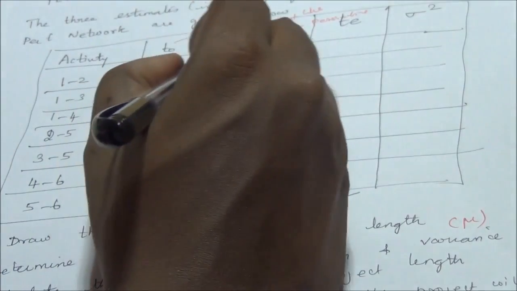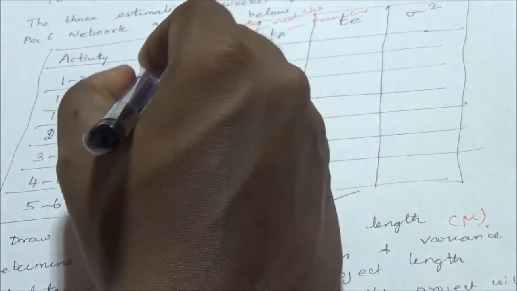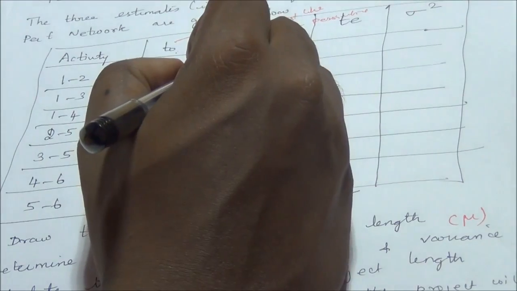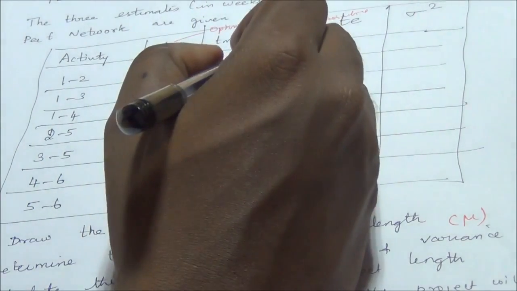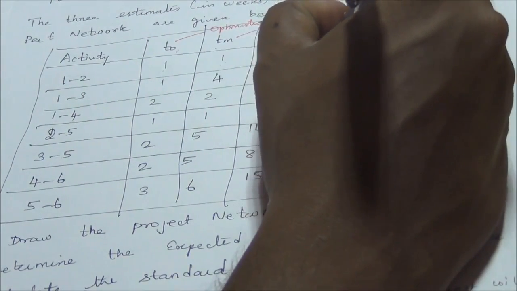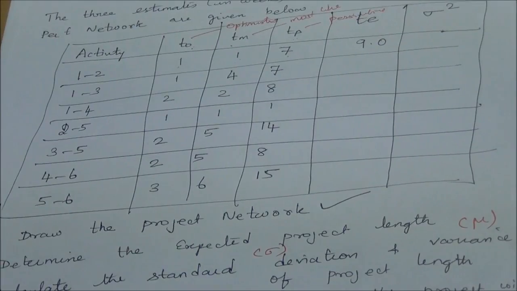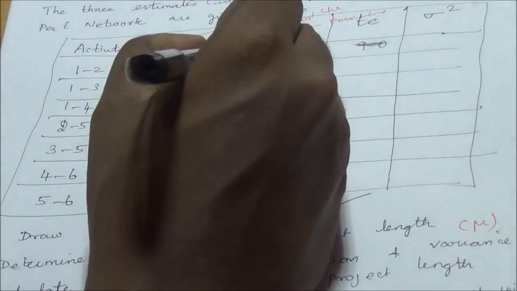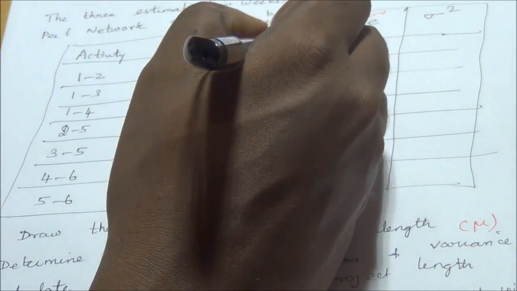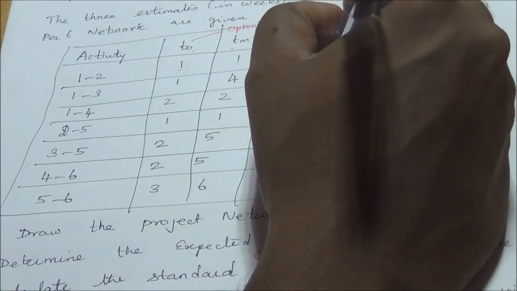So it is 1 plus 4 plus 7 by 6. 1 plus 4 is 5, 5 plus 7 is 12, and 12 by 6 is 2.